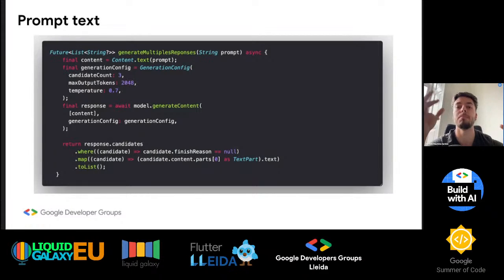So the model has to be more creative in the way it responds to the user's prompts. If the temperature is 0, the model is going to try to say the same thing in the 3 responses. And if you put the temperature to 1, the model will try to use different responses to the same prompt.